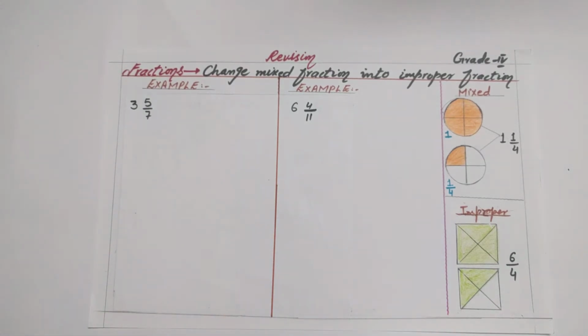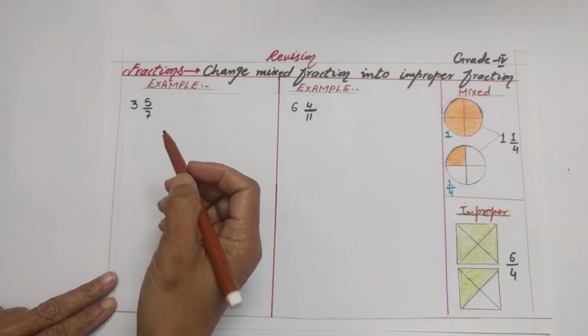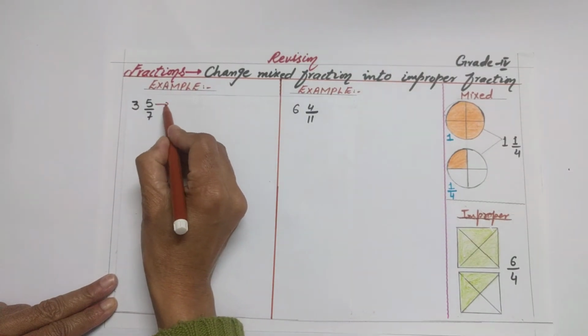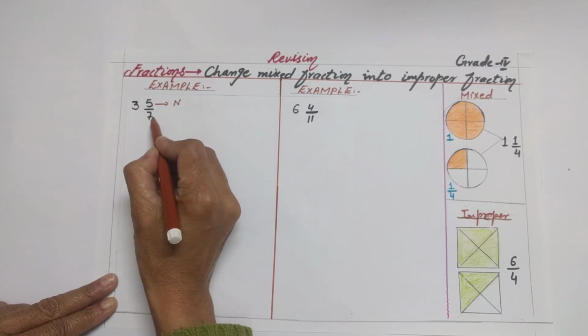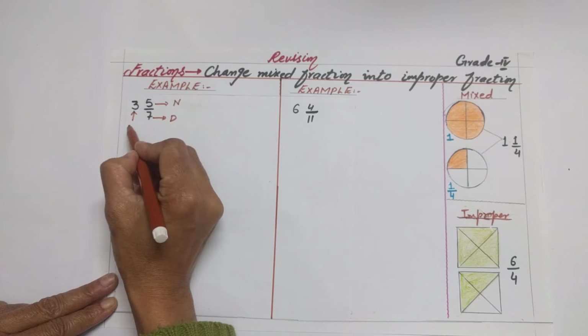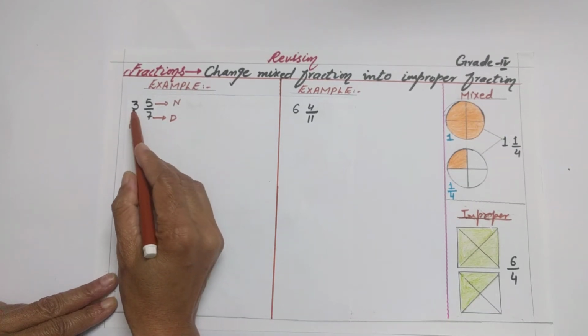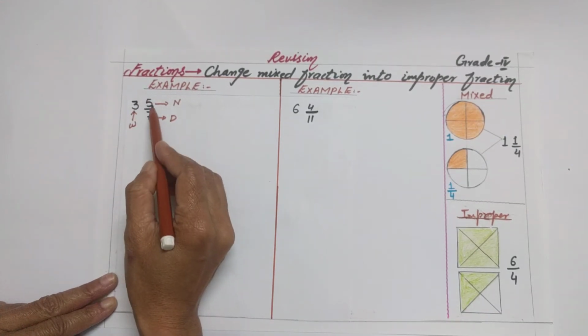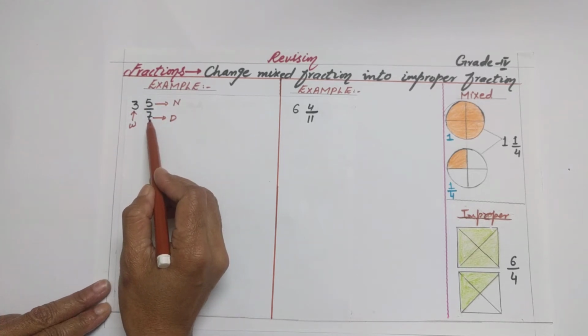This 3 and 5 by 7 is actually a mixed fraction, and in this mixed fraction 5 is the numerator, 7 is the denominator, and 3 is the whole. So the whole and 5 by 7, which is a proper fraction because 5 is less than 7.